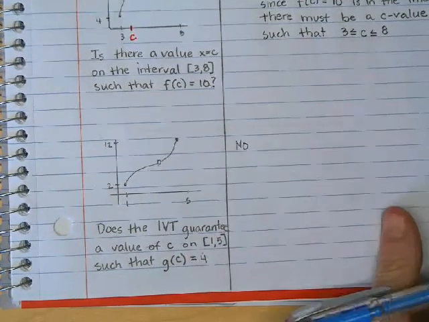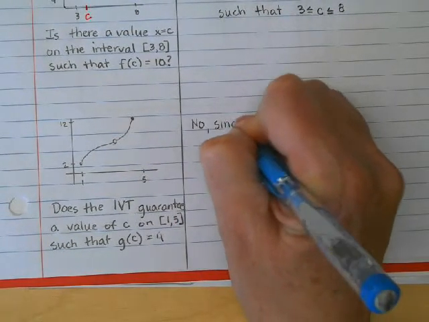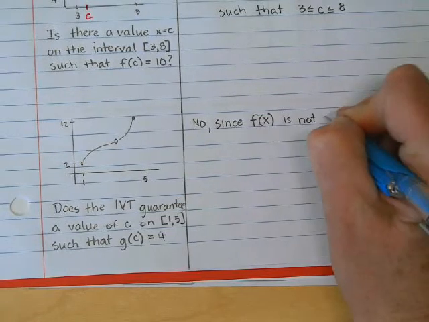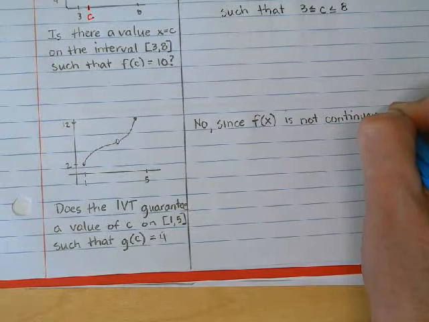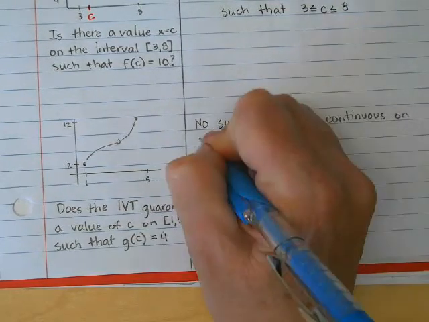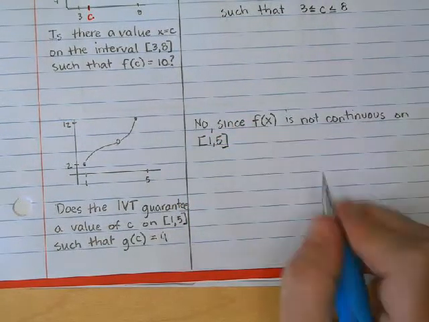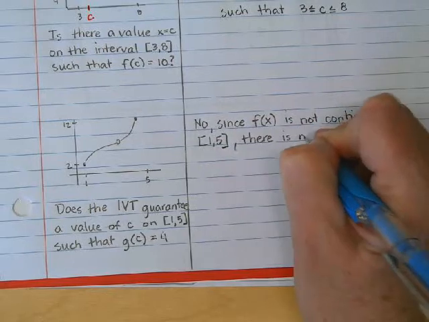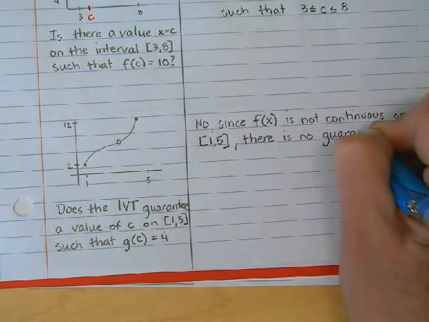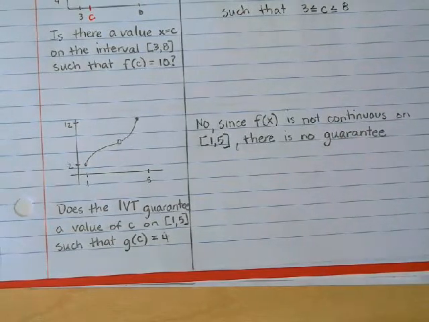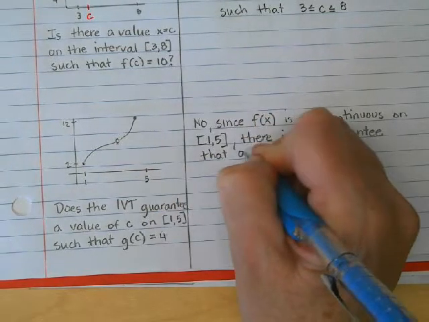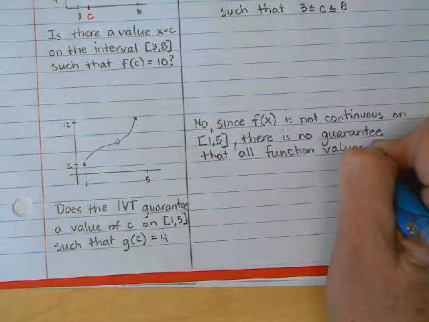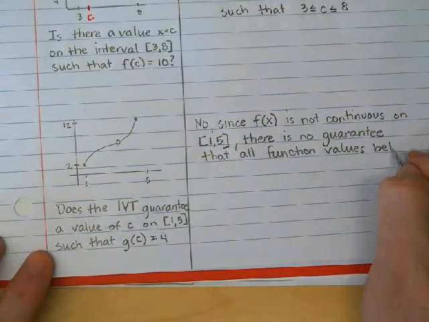So this is what I'm going to write. I'm going to write no, since f of x is not continuous on the closed interval 1 to 5, there is no guarantee that all function values between 2 and 12 exist.